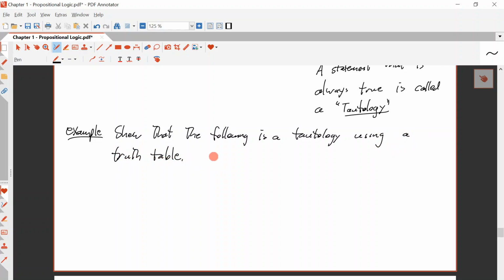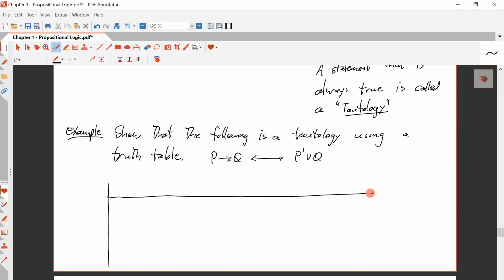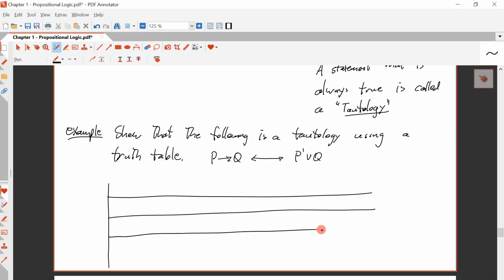And the statement is that P implies Q is logically equivalent to not P or Q. So here we've only got two propositional variables, so the truth table only needs 4 rows.